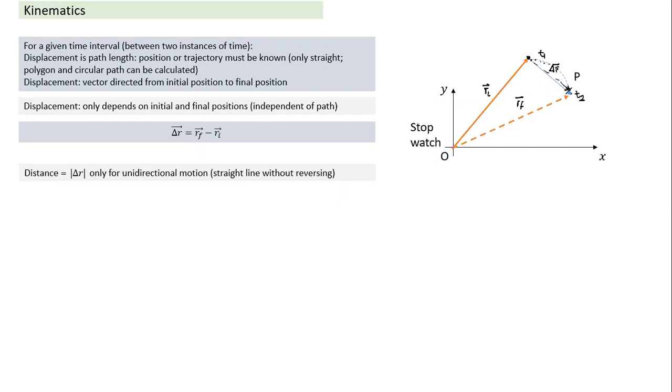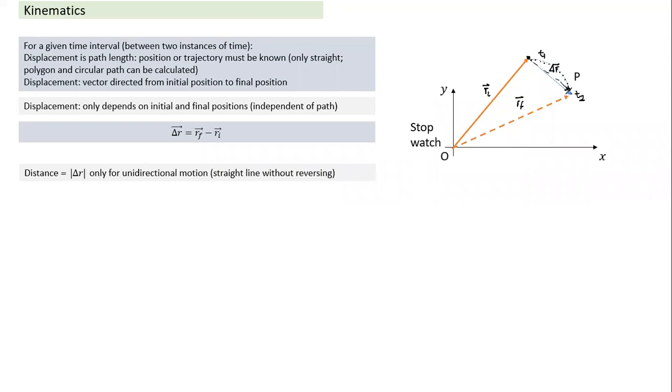If I know the position at all instances and connect all those positions, I get the actual path taken by the particle. And we can calculate the actual path length only in certain cases. The actual path length can be found only when the path is straight, or in the form of a polygon or a circular path. For any other path, we cannot calculate the distance traveled.